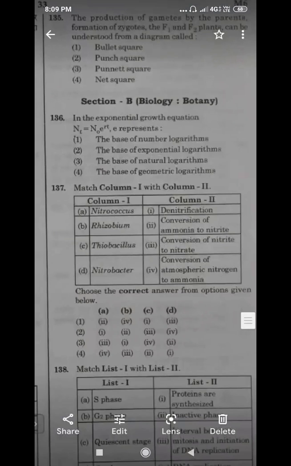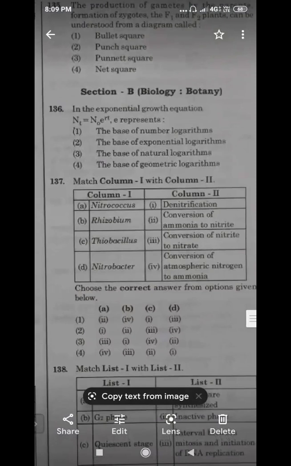Question number 136, section B. In the exponential growth equation, Nt equals N0 e^rt, where e represents... Yes, you know that it is very important and very frequently asked, and the equation is very well known to all of you.